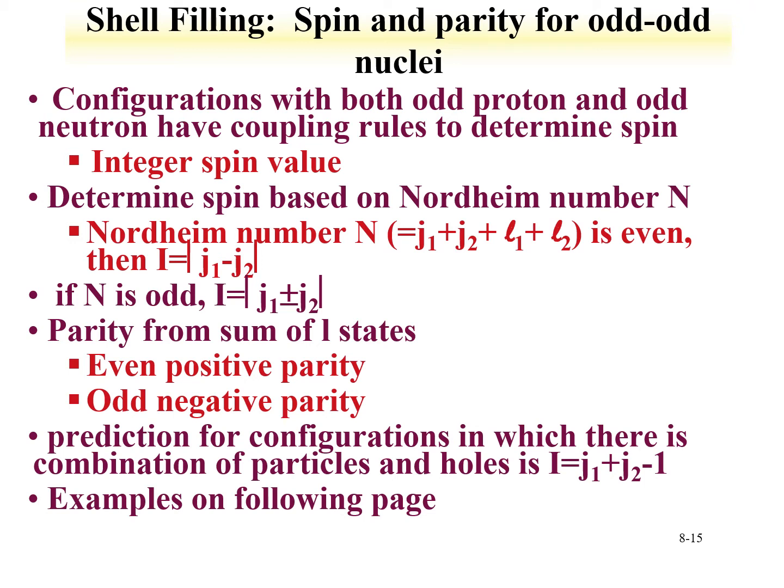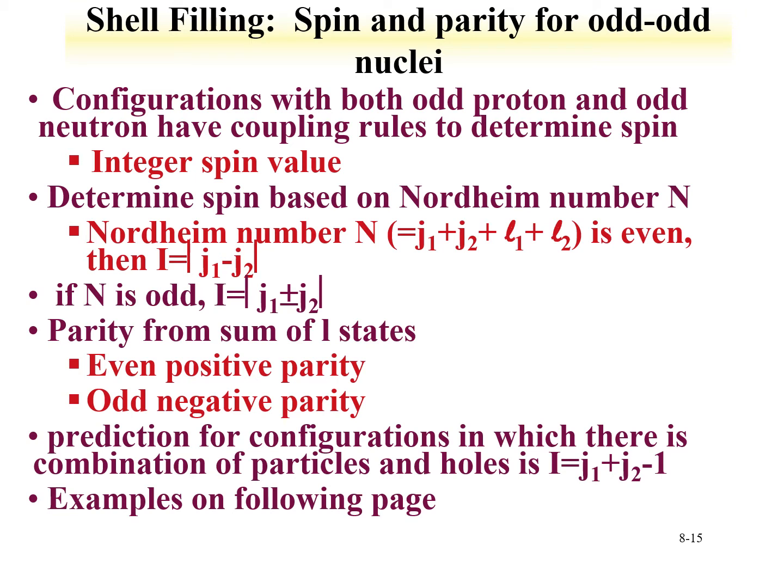Sometimes the coupling method isn't completely straightforward. One route to determine this is the use of the Nordheim number, which is the sum of the spin and the orbital angular momentums. If the Nordheim number is even, then the spin is the absolute value of the difference between the two numbers.